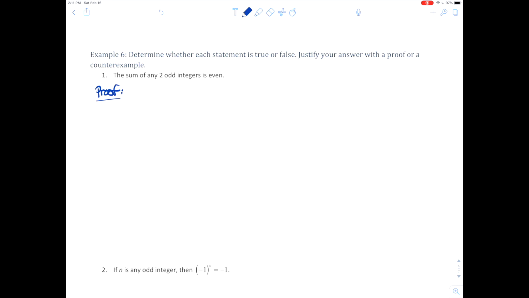We could say there exists an r equal to 2n plus 1 and an s equal to 2k plus 1 such that n and k belong to the set of integers, right? Now, what would we say about r and s?